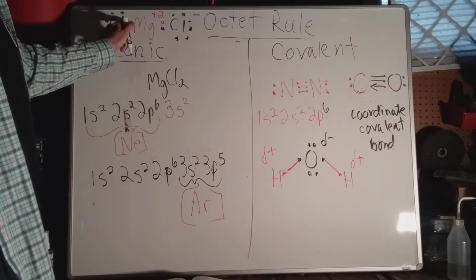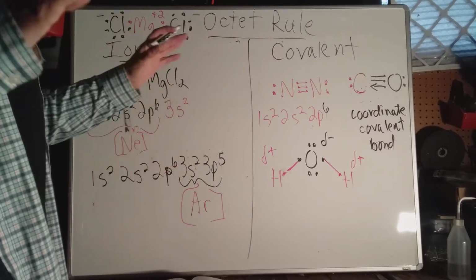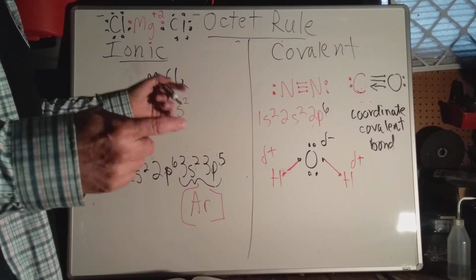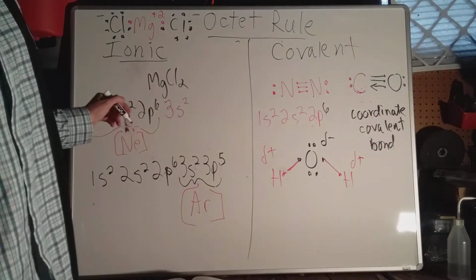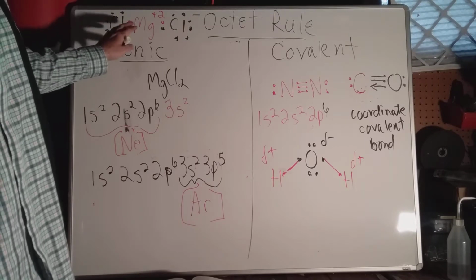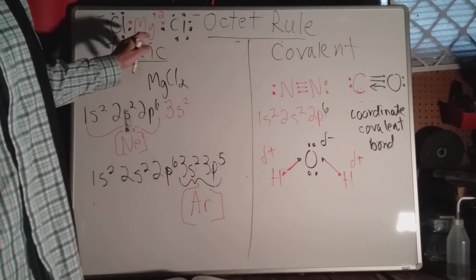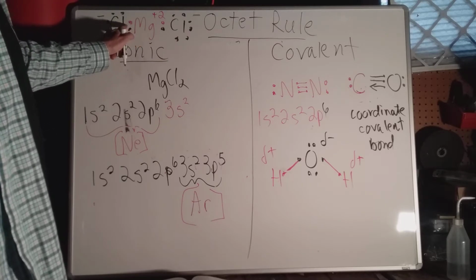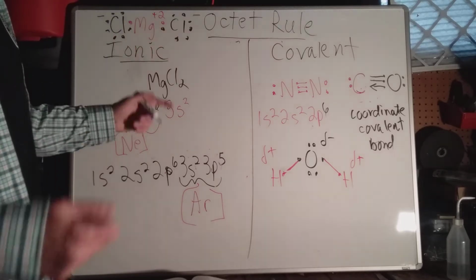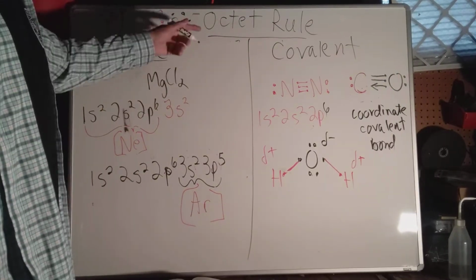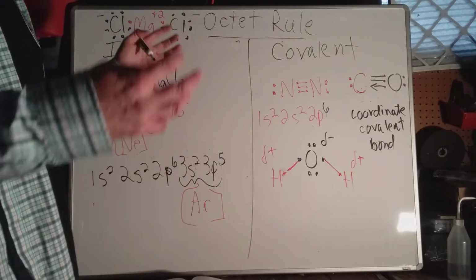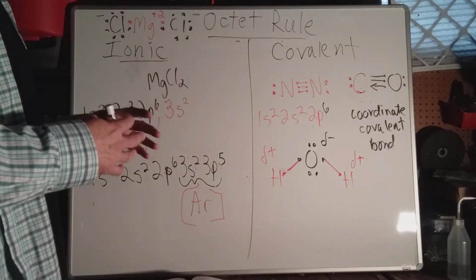Magnesium has 2 electrons to get rid of because it's more to magnesium's advantage to lose those 2 electrons. And if magnesium is going to combine with chlorine, there needs to be 2 chlorines because each chlorine only needs 1 valence electron. 2 negatives offset 2 positives. We are electrically neutral.